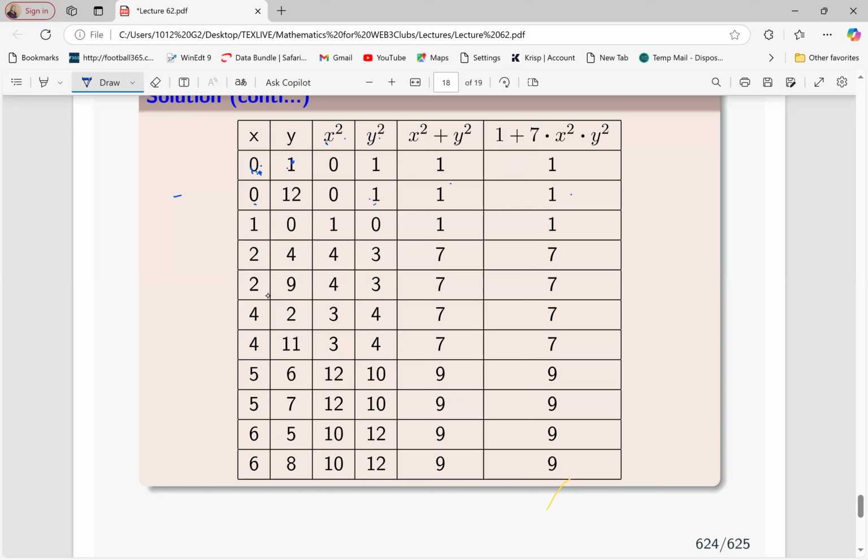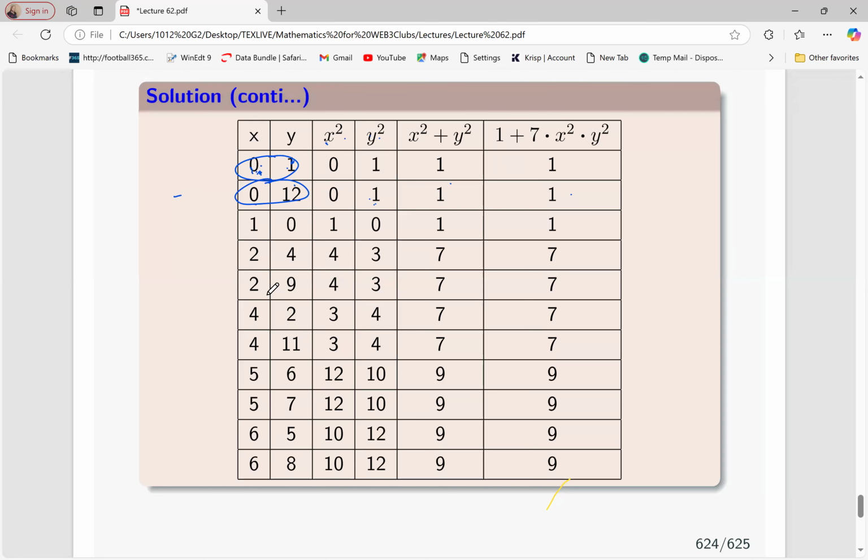Then 0 and 12, you find it accepts. 0 and 1 accepted, 0 and 12 accepted. The rest were not accepted, they did not fulfill that condition. Then you are done with 0.